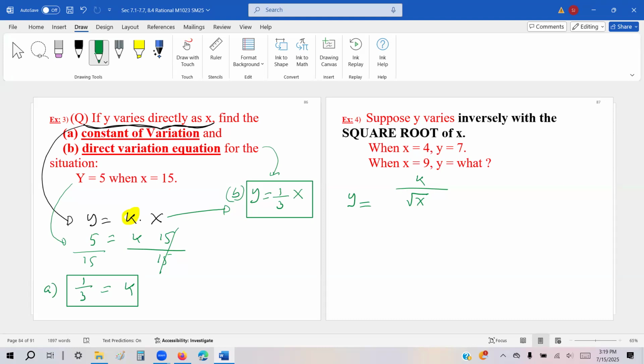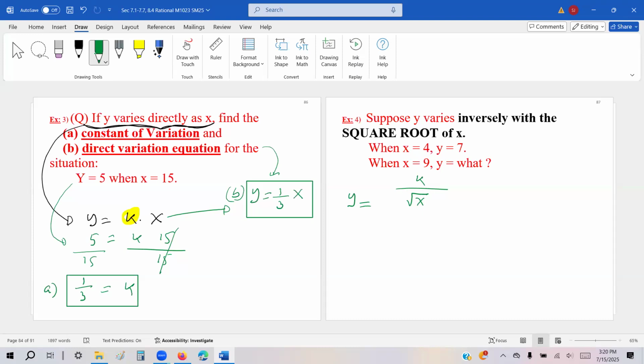Y and x. How are they changing? Directly or inversely? Directly. So for direct, it's y equals k times the second variable. Our second variable is x, so y equals kx. Because y is changing directly with x.